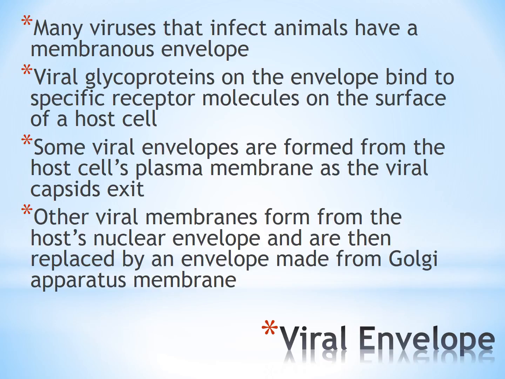So many of the viruses that we have that affect animals, they tend to have a membranous envelope, as I mentioned before. And so this membranous envelope traditionally comes from the host cell. And so what ends up happening is during kind of an exocytosis type process, the virus will bud off from the host cell, allowing it to have an envelope of the host cell.